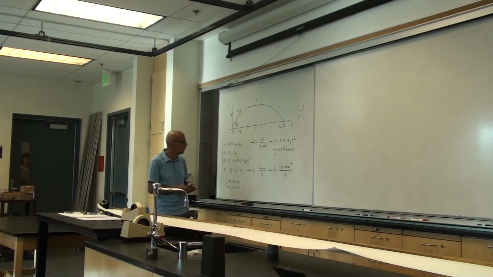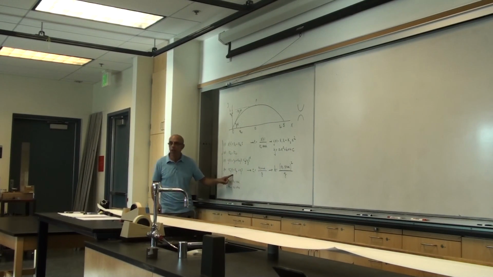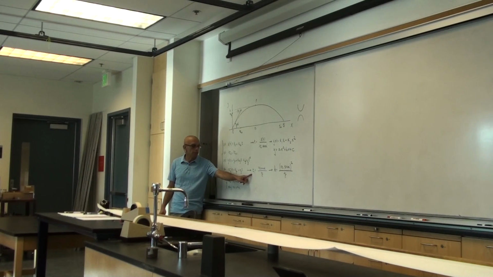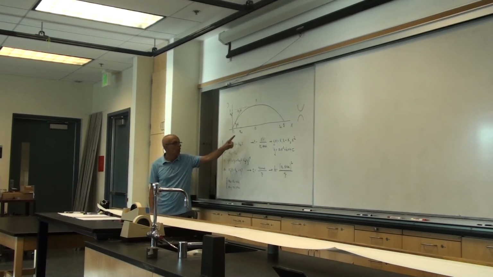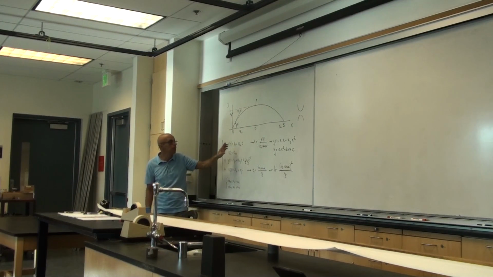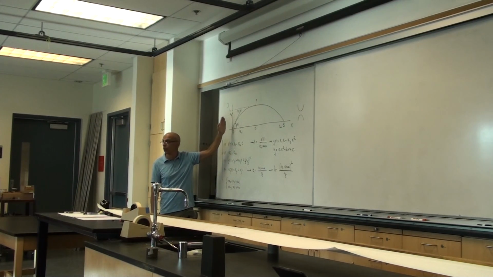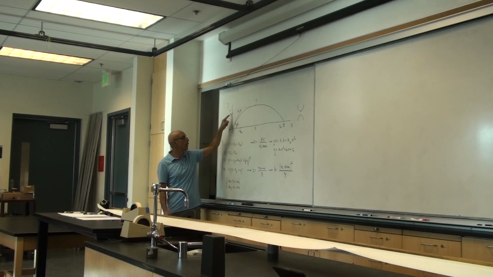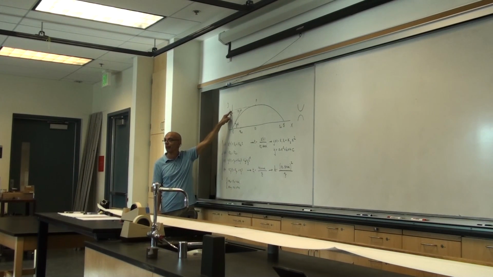So what was the next thing? The next thing we did is from here, I calculate the time for the highest point. At the highest point, the speed on the y-axis is going to be what value? Once it reaches the highest point, what's going to be V final here at this point? 0.